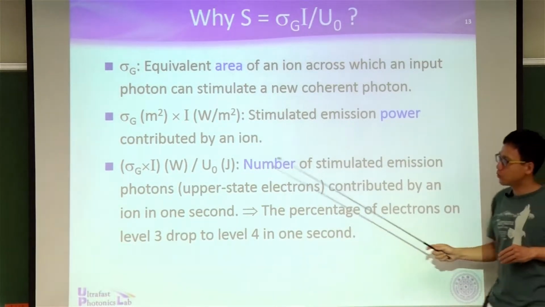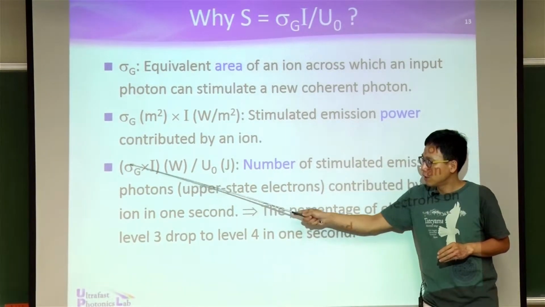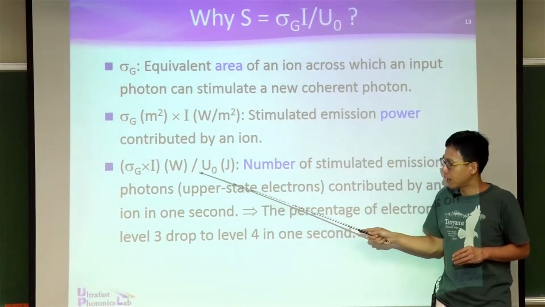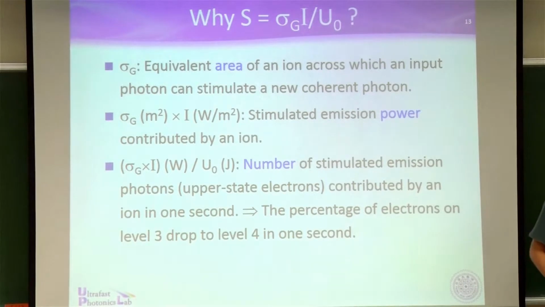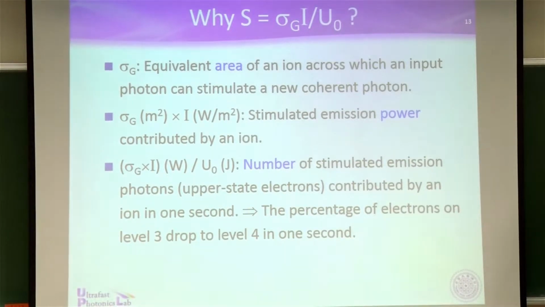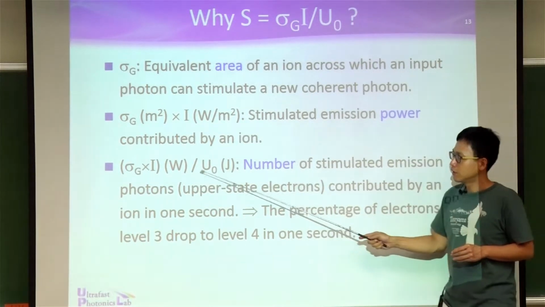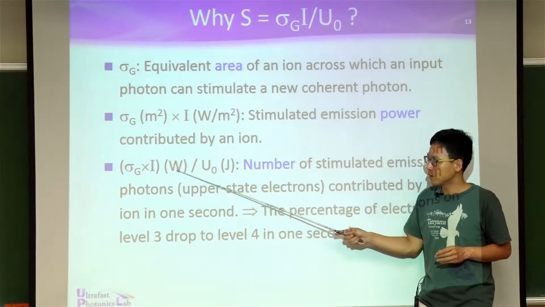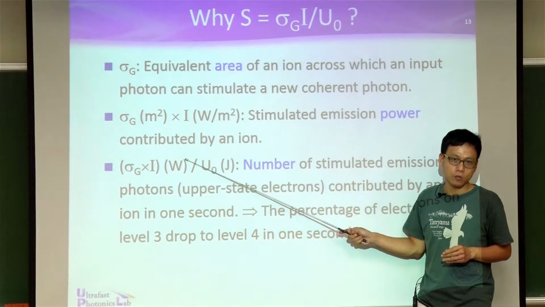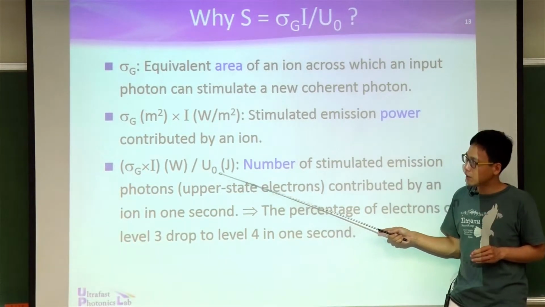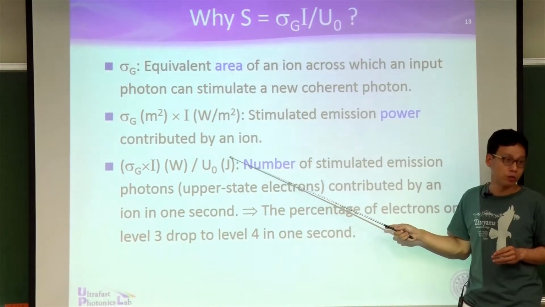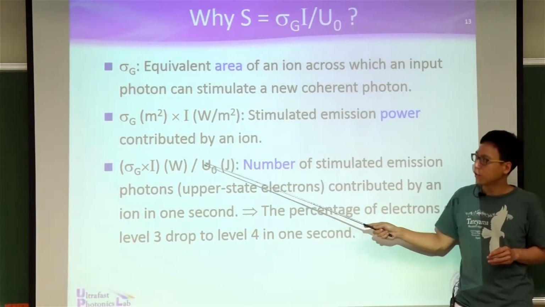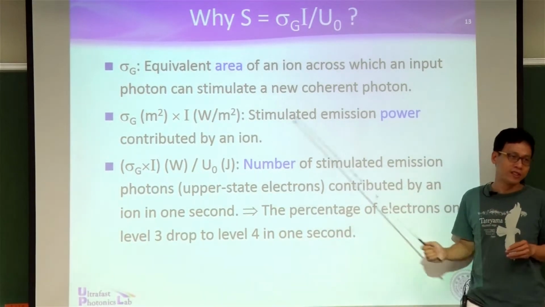Then, if you further divide this power by U0, which is the single photon energy, what is the result? Check the physical unit. The numerator is a power in units of watt. The denominator is an energy in units of joule, right? What is watt over joule?